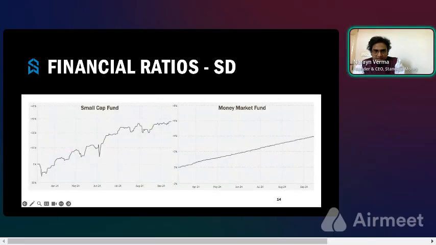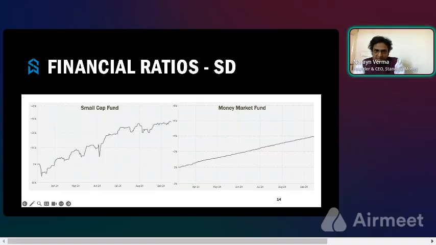Standard deviation simply shows you how volatile the security performance is. On the left, you see the small cap fund over a period of about 6 months. Over this period, you see the return has gone from 0% to minus 6-7%, and from that to 10% also.